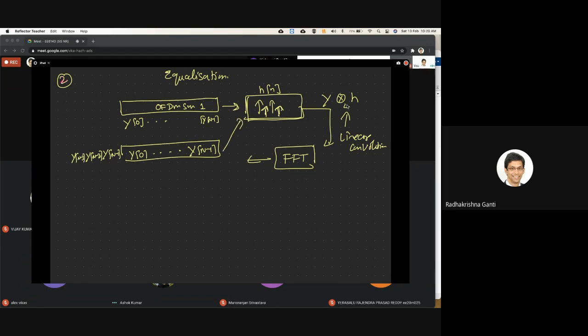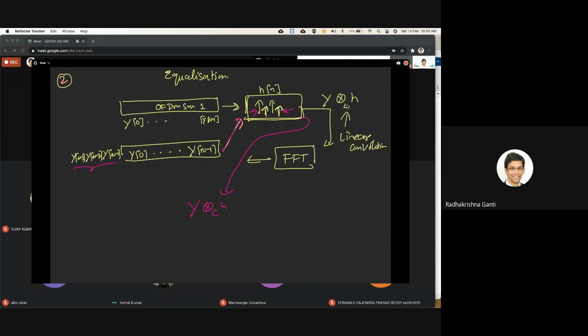When I pass it through this channel, as long as the number of taps in the channel is less than the number of repeated samples, the output will nicely be y circularly convolved with h.